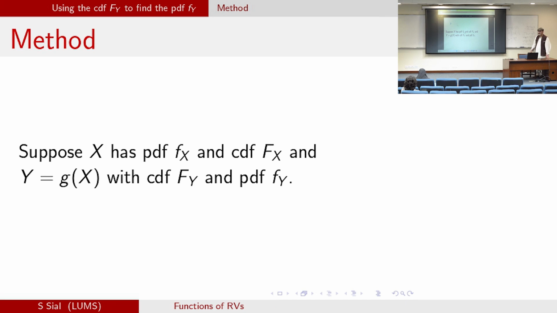If you aren't given the CDF, you could calculate it from the PDF for x, let's say. And you've got y is a function of x, not necessarily one-to-one. Then it has some CDF and PDF also, and we'd like to find those.